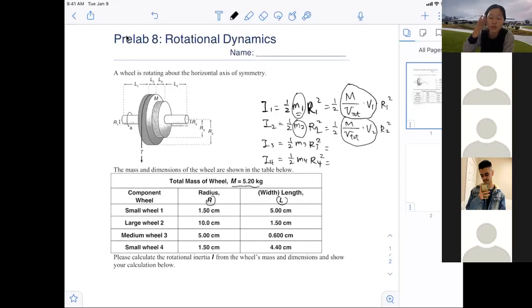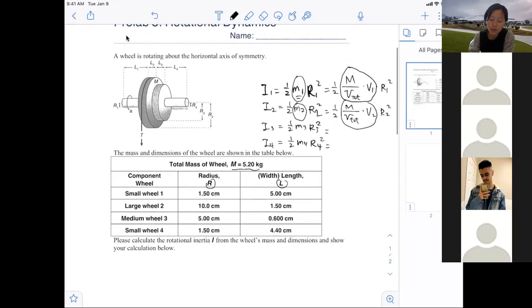You can see the volume for each of them is pi R1 squared L1, pi R2 squared L2, or R3 or R4. So the formula is the same for all of them. So you can plug in your volume for each of them. You know the mass, you know the total volume, and you know the different individual radius. So you can do the calculation.